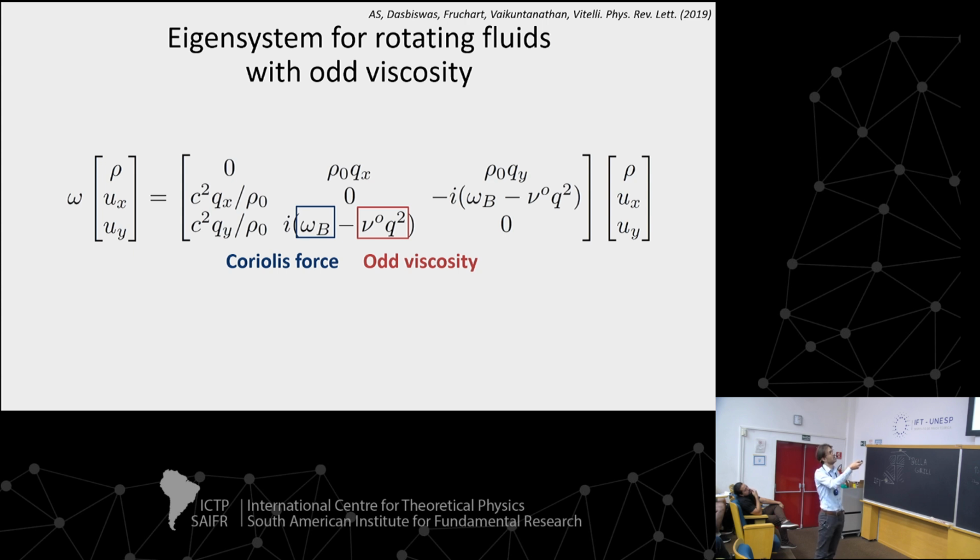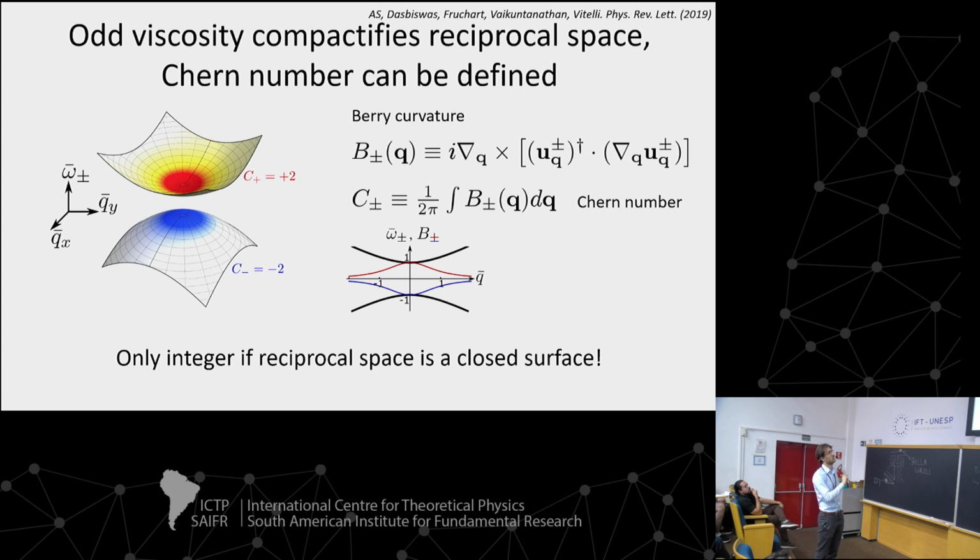Here, by taking the spatial Fourier transform, you get these Qx and Qy, which are the wave numbers, the spatial Fourier transform components. And the special thing here is that if you now plot these frequencies as a function of wave numbers, what you'll find is that your band structure, your dispersion relation will have a gap between them.